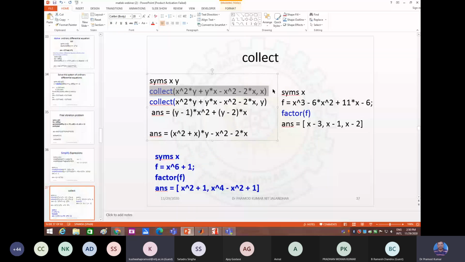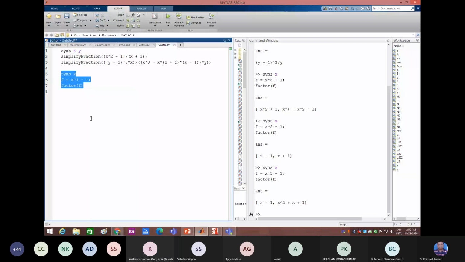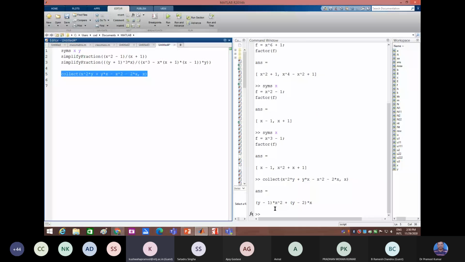We can use this to collect y minus 1 x square plus y minus 2x.